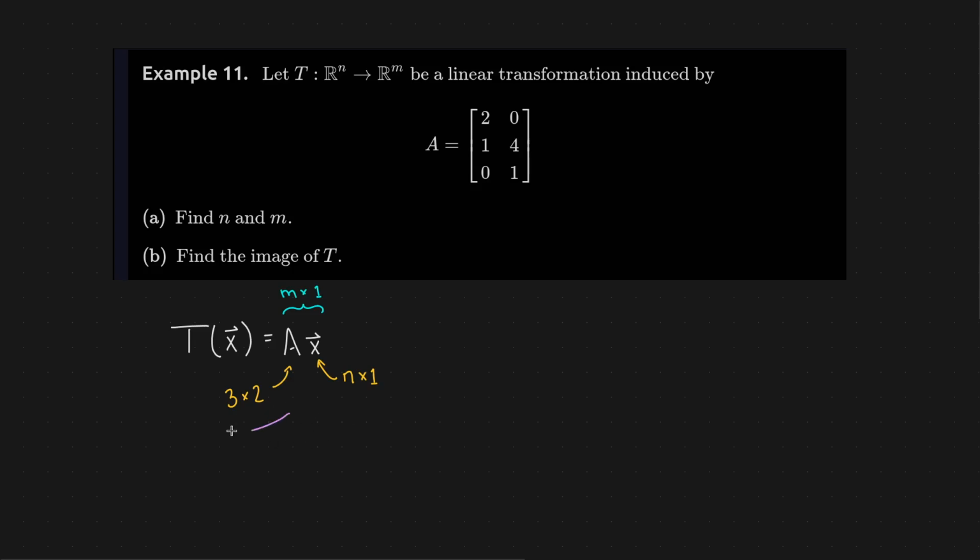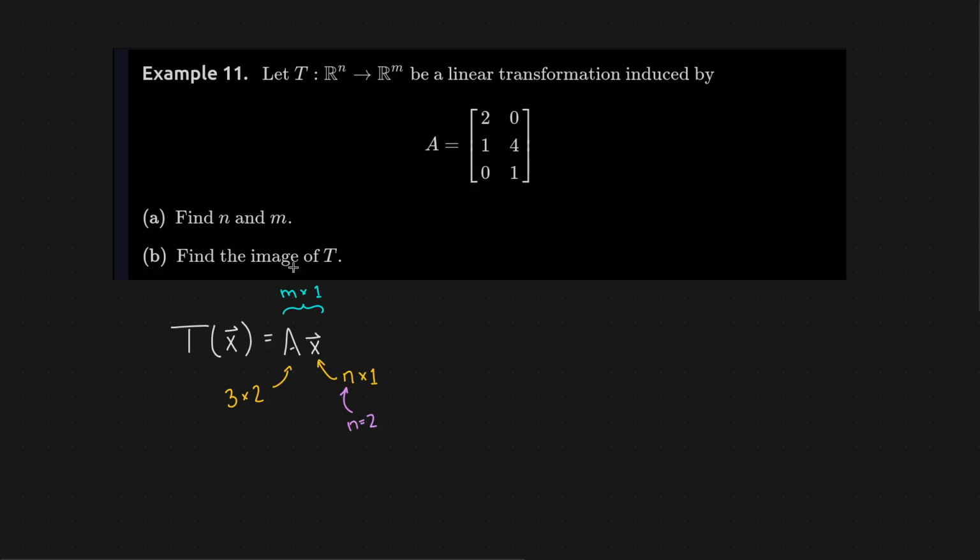In order for the matrix multiplication to be well defined, we need the number of columns of A to equal the number of rows of vector X. Since A has 2 columns, vector X better have 2 rows. Otherwise, the matrix multiplication would not be defined.